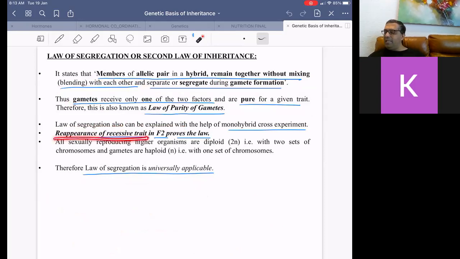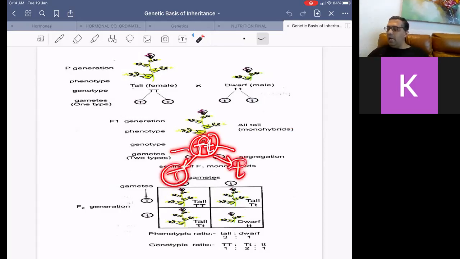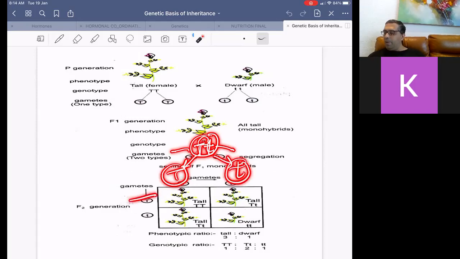Reappearance of recessive trait in the F2 generation proves the law. Sir, ये क्या proof है? जब capital T और small t साथ में थे, capital T expressed, small t got suppressed, but capital T did not contaminate small t, capital T did not change small t. जब वो gametes बने तो capital T और small t अलग अलग हुए, और यहां पर भी अलग अलग हुए.